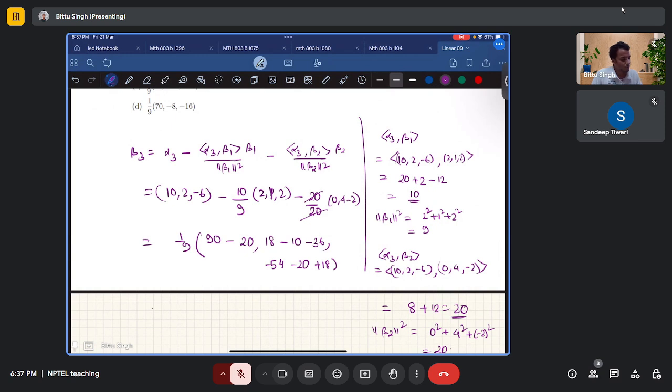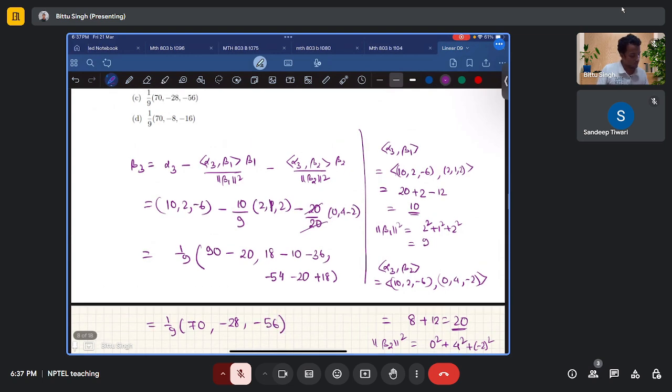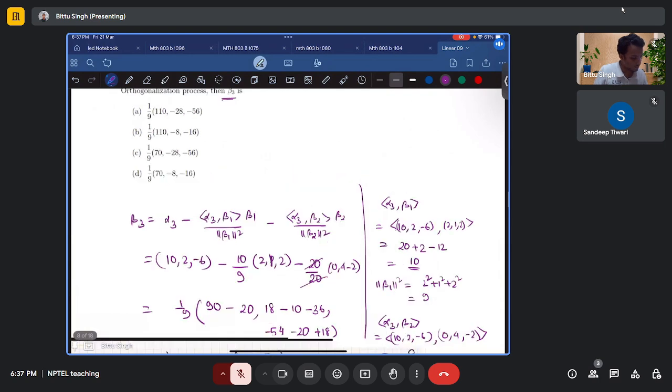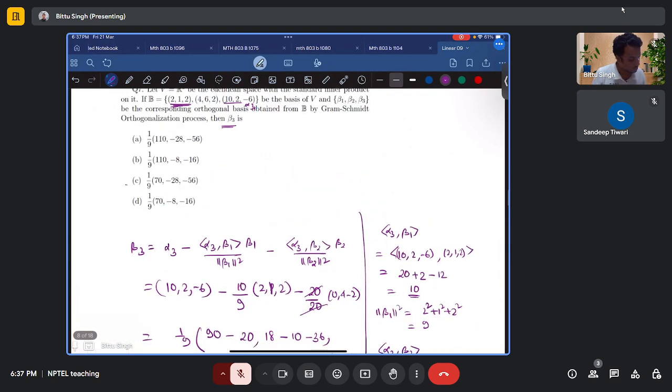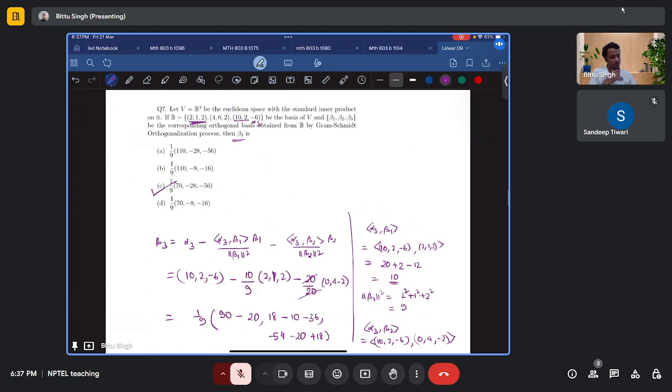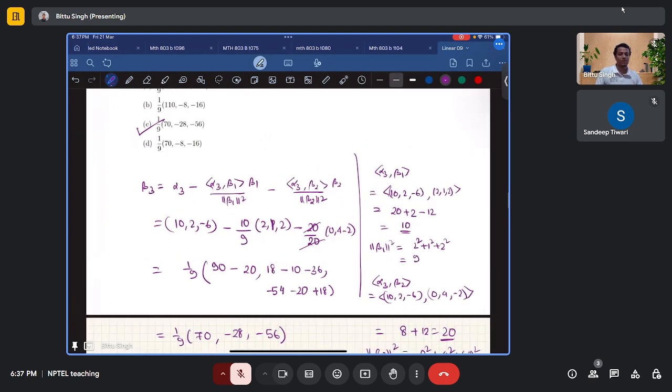So if we subtract, the first component is 70, then the second component is minus 28, and the last one is minus 56. So 70, minus 28, minus 56. So option C is the correct answer.